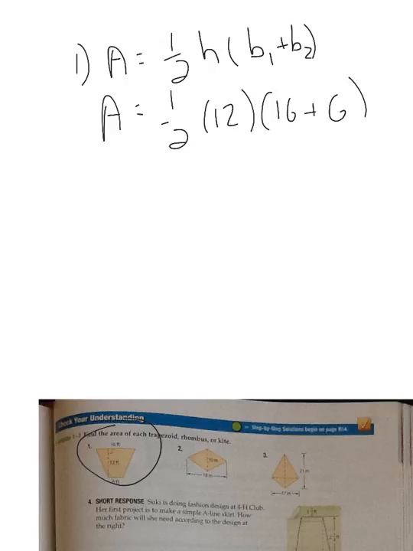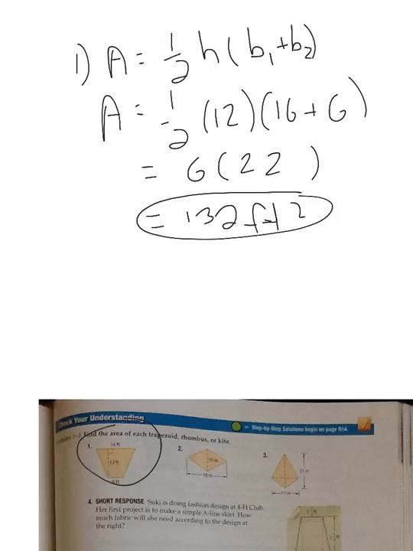Now half of 12 is 6, and please remember, you have to use parentheses. 16 plus 6 is 22, and 6 times 22 is 132 square feet. So the answer to question number 1 is 132 square feet, and I hope this is the answer in the back of the book. I don't have the answer key.